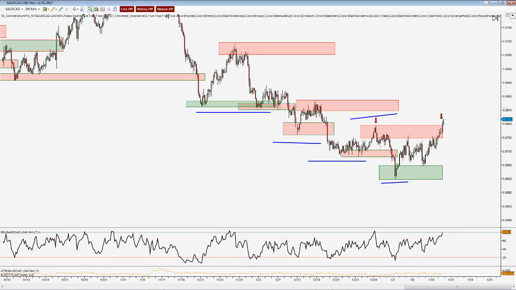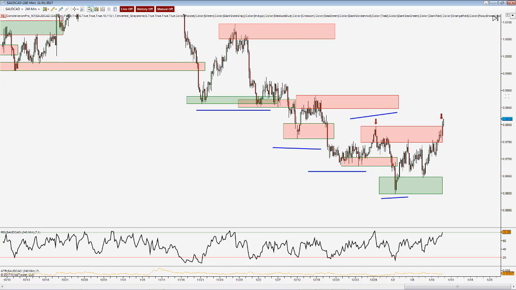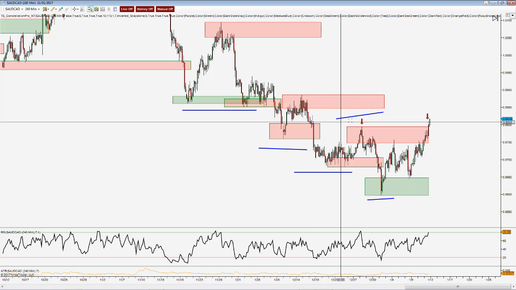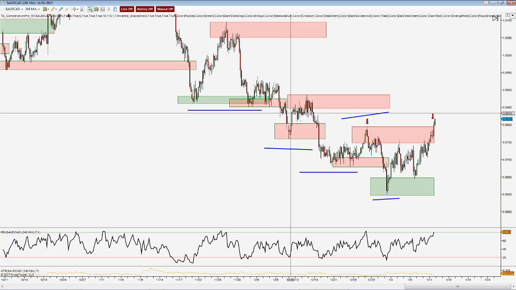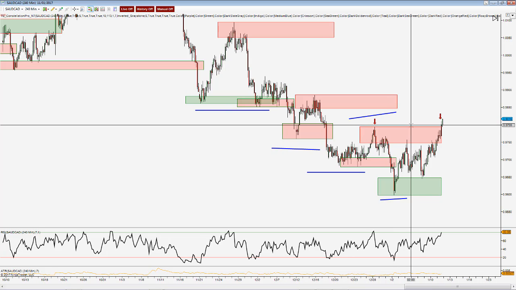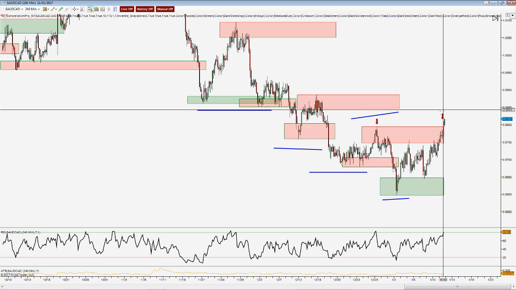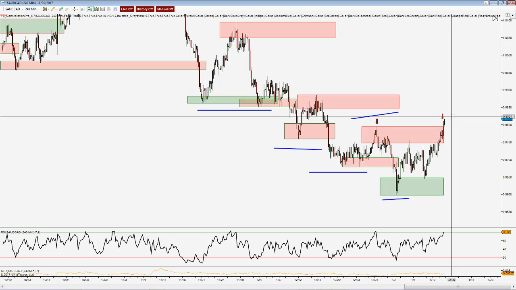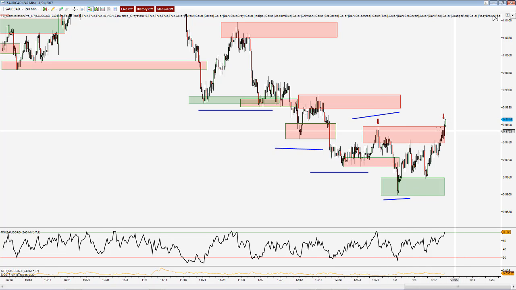That discretion is going to get you out of trouble if you're a trend continuation trader and you understand the basics of how to read a price chart. Let price tell you what the story is and what's happening. If you can identify that, that's going to save you a lot of pain. As soon as this happens, I stop looking for trend continuation trades. All I'm looking for now is to see what the market does next.